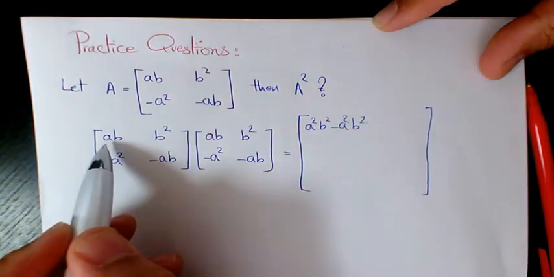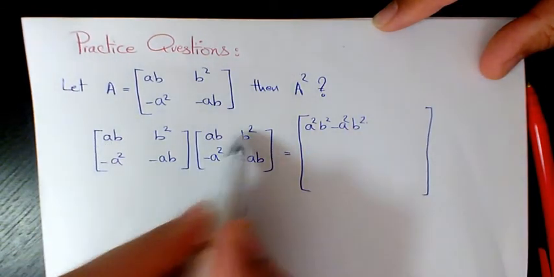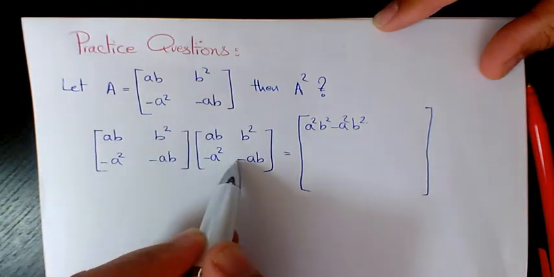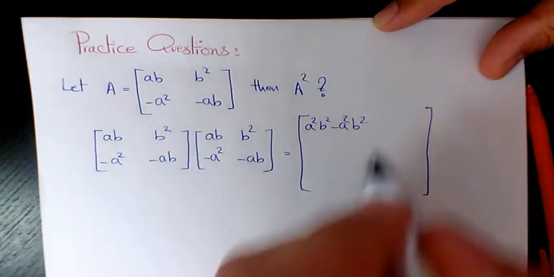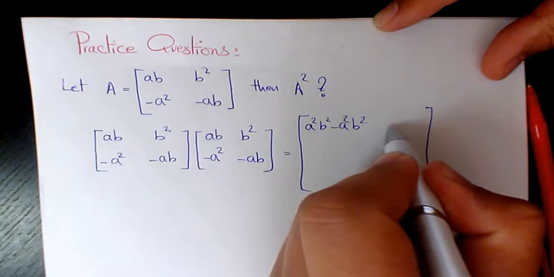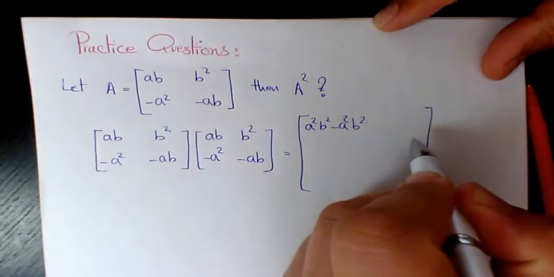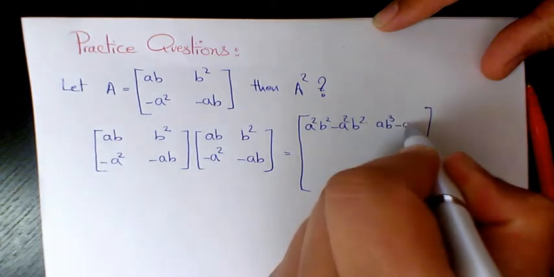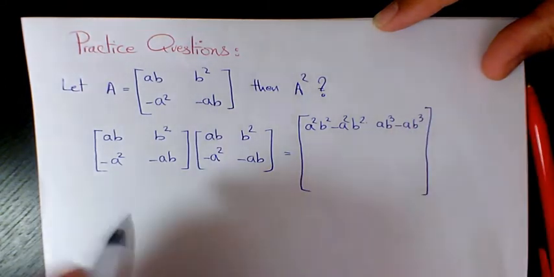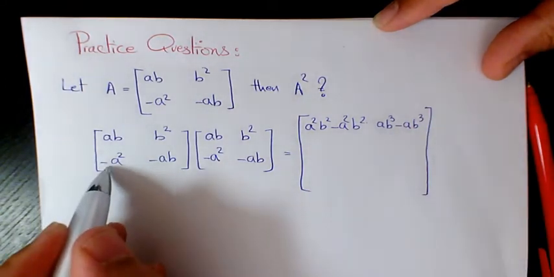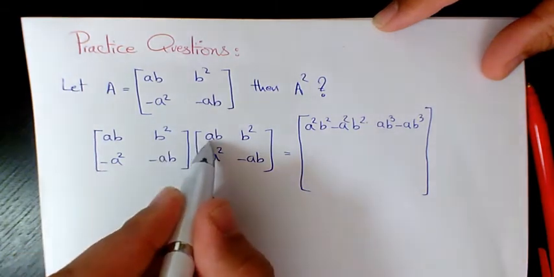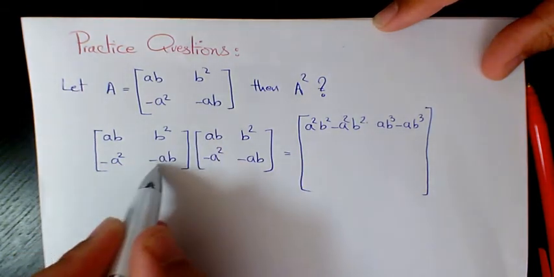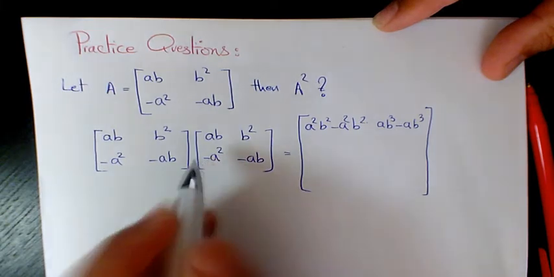Next one is going to be AB times B squared plus B squared times negative AB, which will be AB cubed minus AB cubed. Next one is going to be negative A squared times AB plus negative AB times negative A squared.